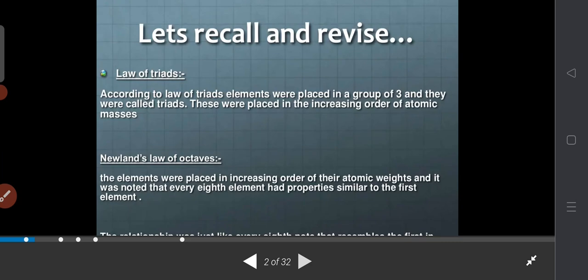So let's recall and revise the law of triads. According to the law of triads, elements were placed in groups of 3 and they were called triads. They were placed in increasing order of atomic masses.